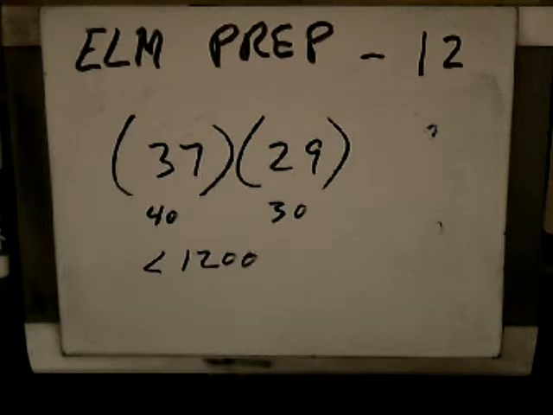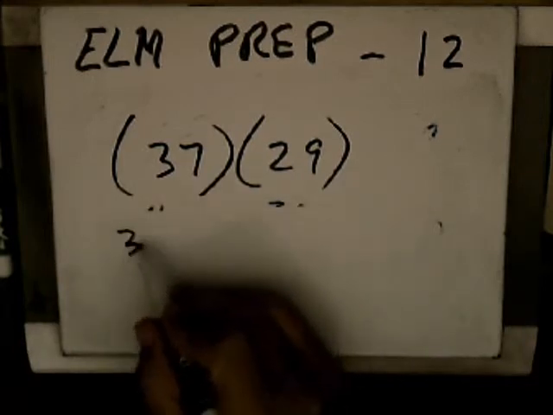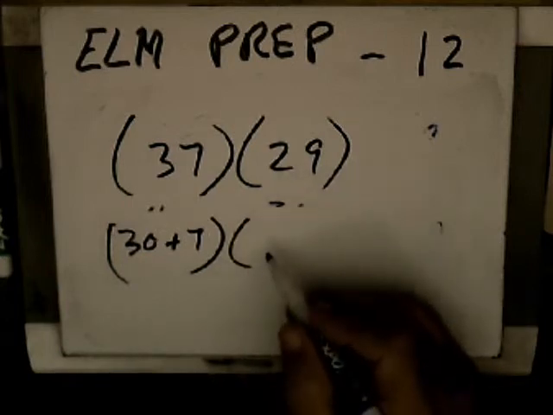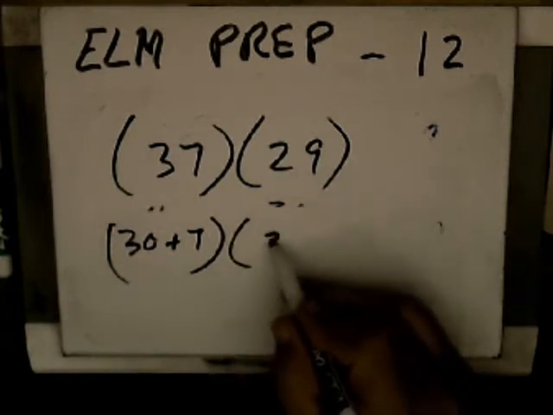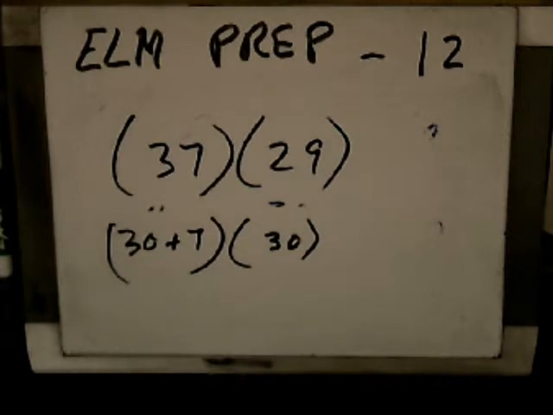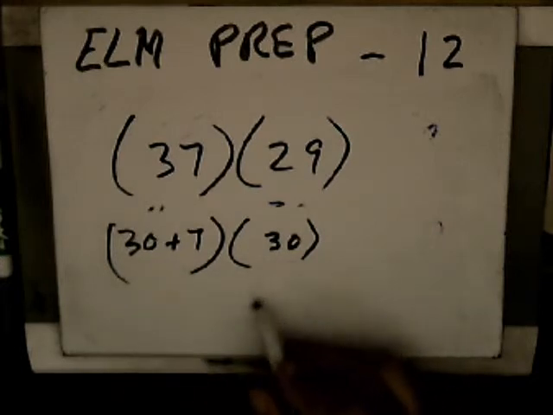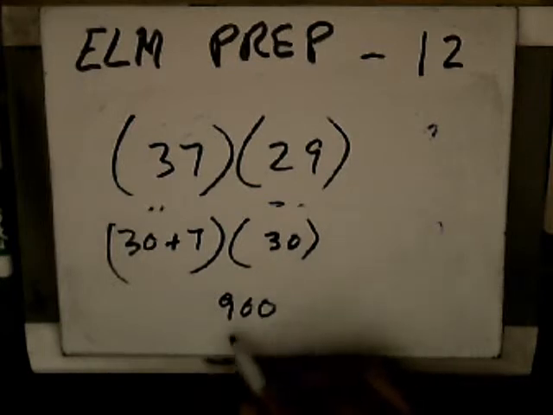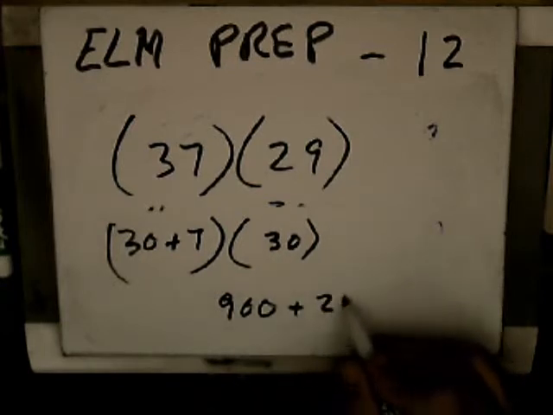Well, if I have some answers that get a little more finite than that, what I'm going to do is I'm going to break this up into 30 plus 7. That's really 37. And again, I might go an estimate of 30 here because that's pretty close to 29. I'll do 30 times 30, which is 900, and then 7 times 30, which is another 210.